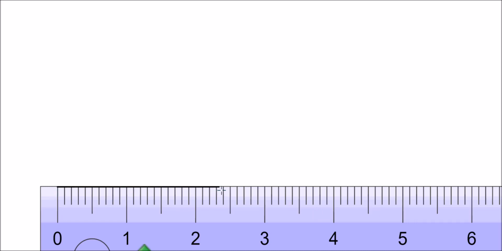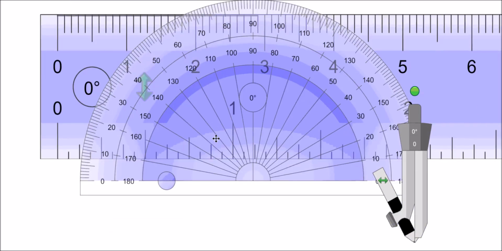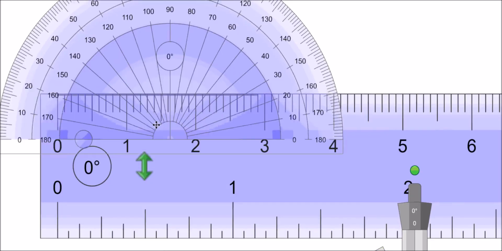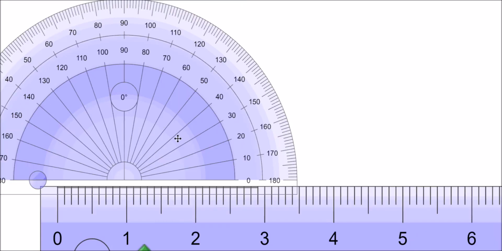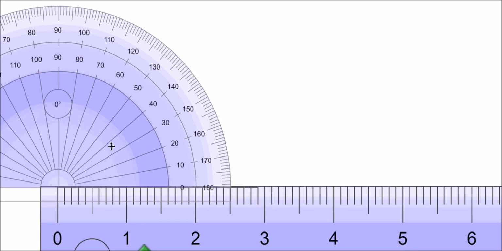2.9 like so. We were also told that the angle at A was 40 degrees. And so I'm going to measure out 40 degrees. We weren't told the length AC though, so I'm just going to get my protractor, which I've hidden down here, bring it up, and measure out 40 degrees from point A. So popping it there, like so. 40 degrees.